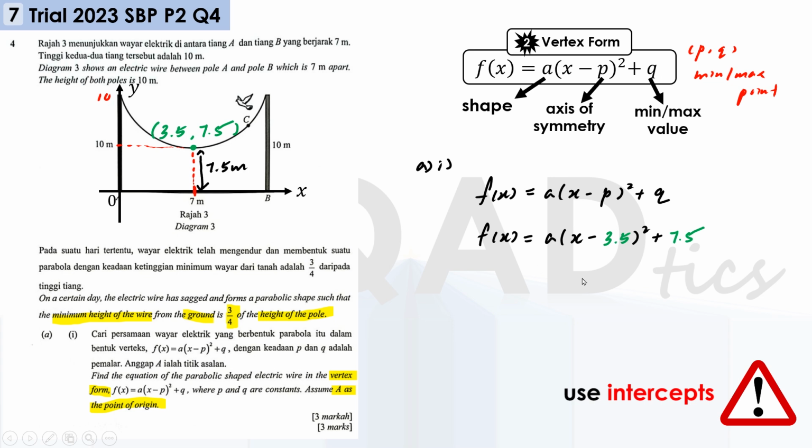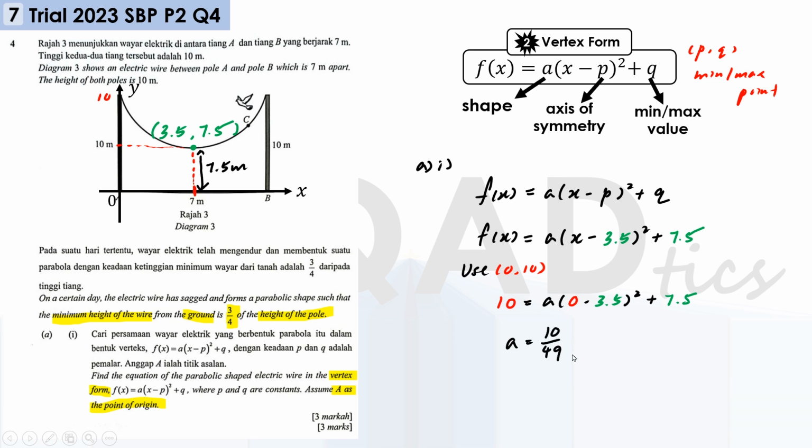By plugging in the coordinates of the y-intercept, which is (0, 10), you can see that all the unknowns have become numbers, and I can just find the value of a, which is 10/49. So for my final answer, I just write out the 3 things: 10/49, 3.5, and 7.5.